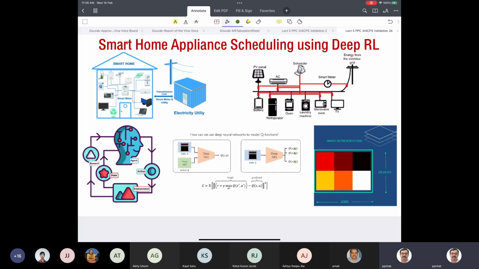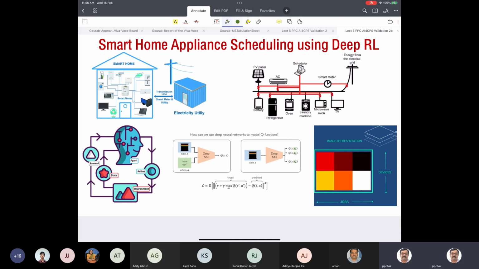But if I have to do it at the same time that I eat, then I may have to reschedule my washing machine. And my washing machine must be rescheduled such that my clothes are dry enough for me to wear them after I eat. So how do I manage this complex mechanism while reducing my power, my air conditioner, and all these things?